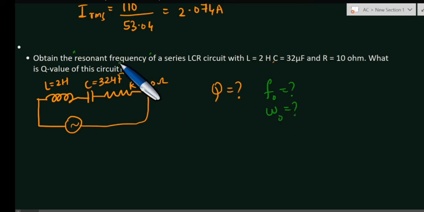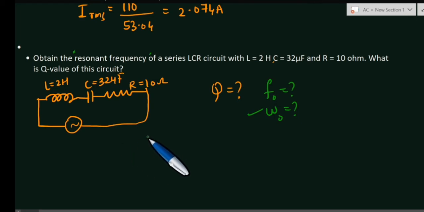But in some of the exam papers we observed that if they ask a resonant frequency, we can derive or get the answer for omega naught also, that is also considered to be correct. So omega naught or F naught, both the answers are considered in the final exam. So any one you can calculate or both also is possible.